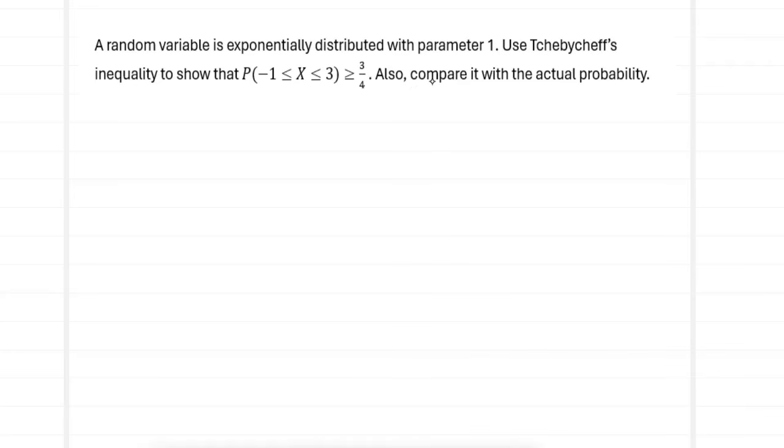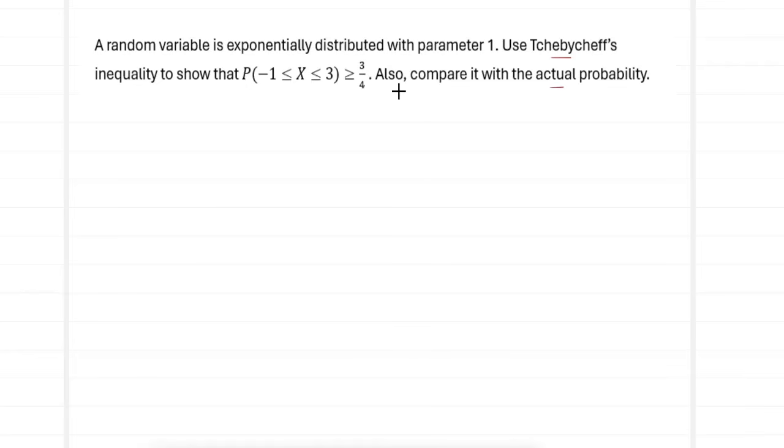We can also use it to compare with the actual probability. So the question comprises two parts: finding the approximate value using Chebyshev's and finding the actuals using the given distribution. So we will first compute the approximate values using Chebyshev's inequality.